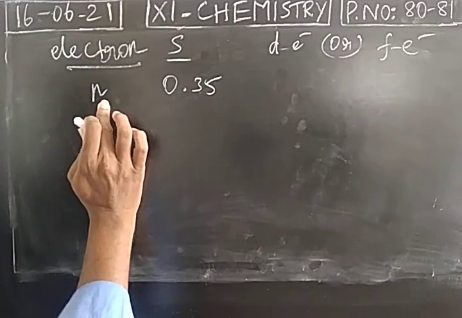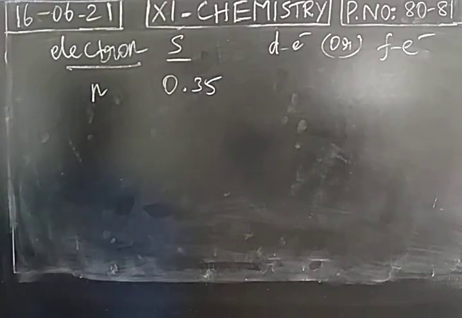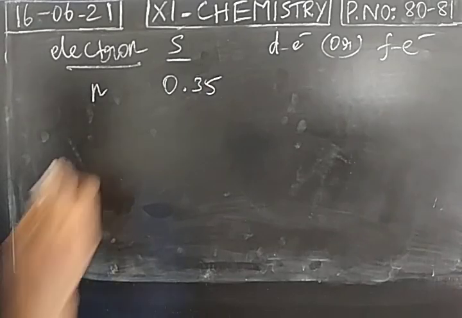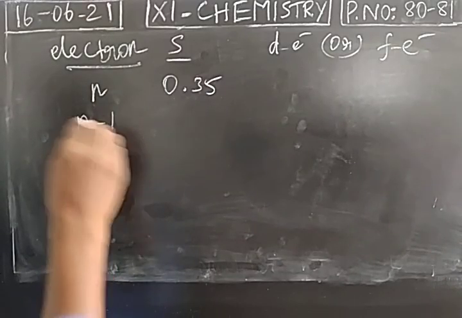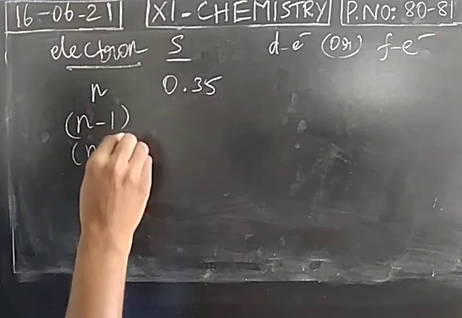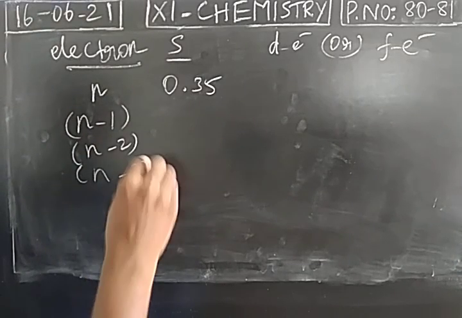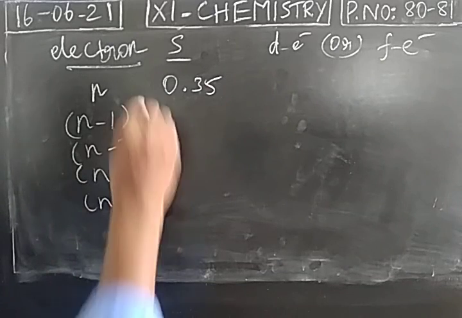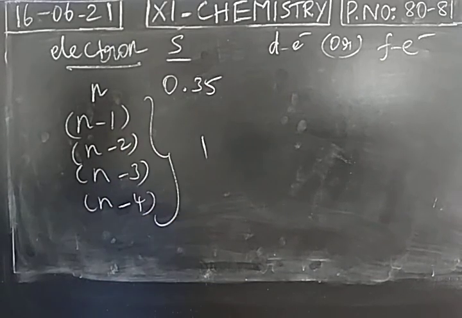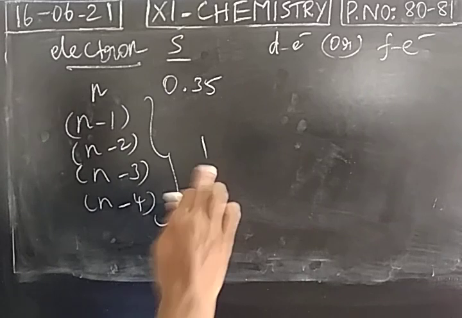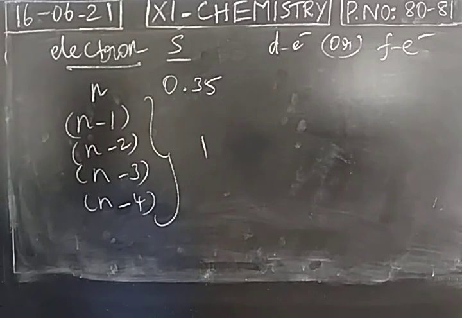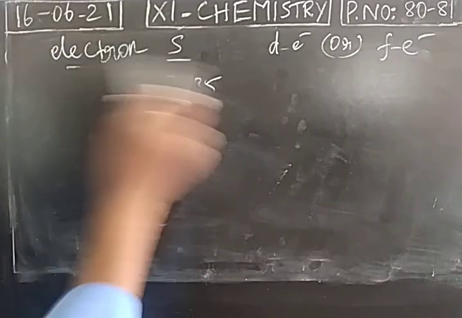Remaining electrons in the nth cell contribute 0.35. Then all the inner shell electrons will contribute value 1. So here we will not use any values like 0.85. All the inner electrons will contribute 1 as a value towards screening constant. So you have to remember this for screening constant calculation.